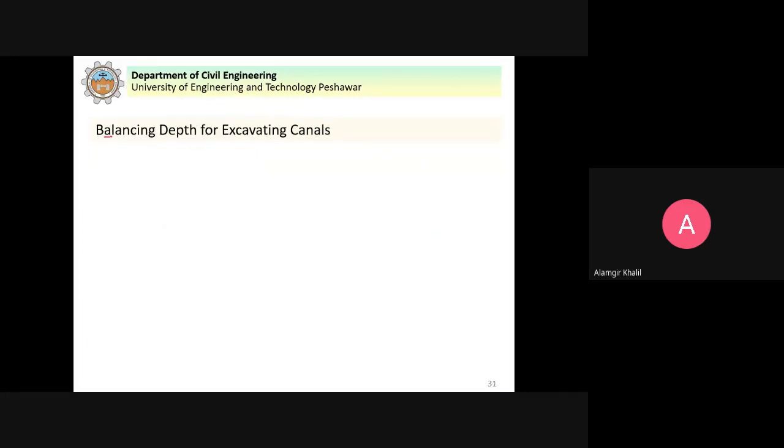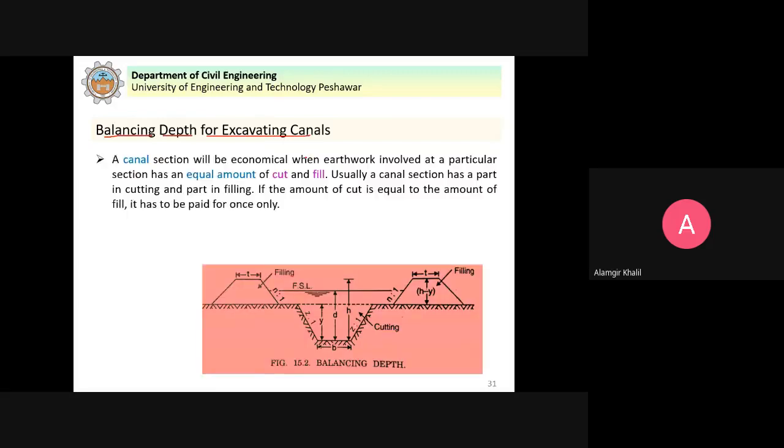Next we have balancing depth for excavating canals. A canal section will be economical when the earthwork involved at a particular section has an equal amount of cut and fill.